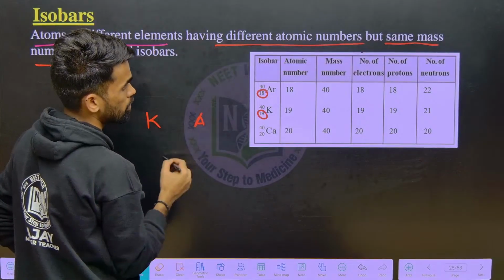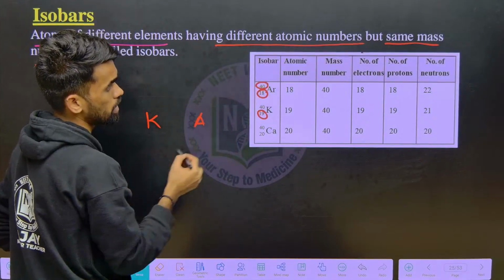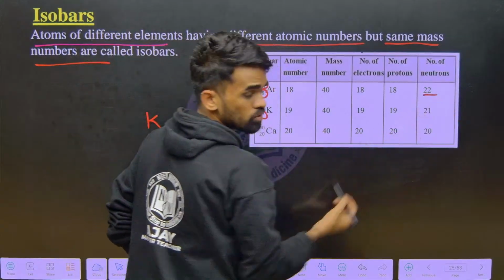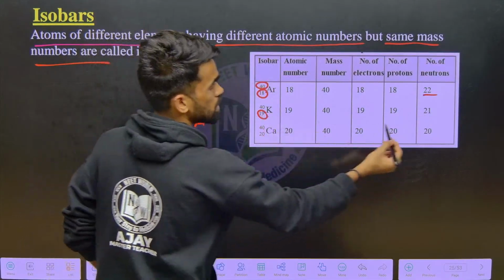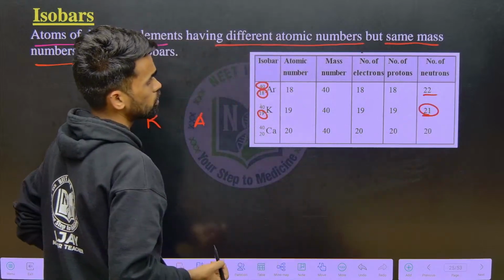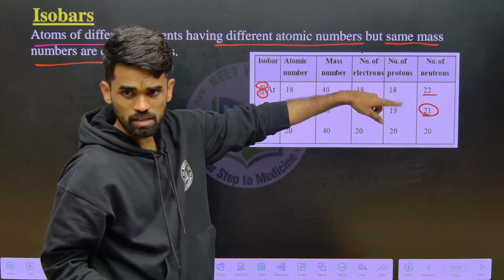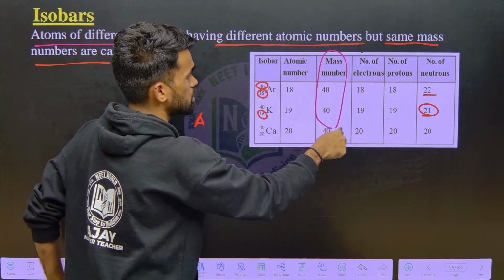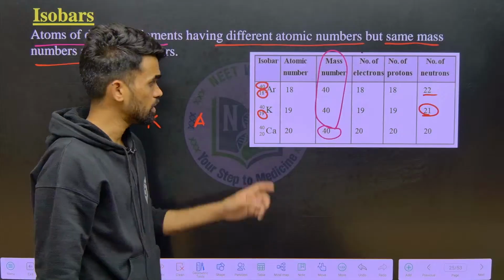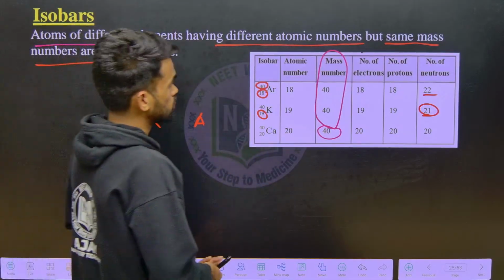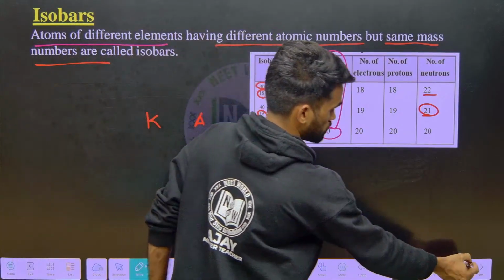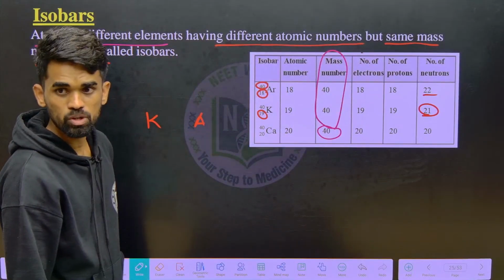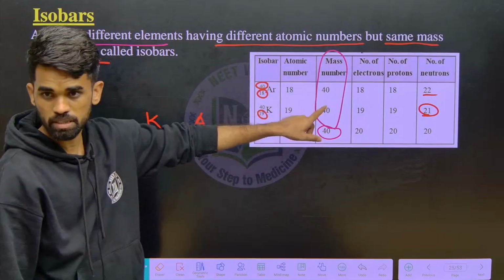The number of neutrons here: 40 minus 18, so neutrons are 22, and here 40 minus 19, 21. They will ask the number of neutrons present in this, but if you look at their mass numbers, everyone has the same mass number. Now what is balancing them? The number of neutrons is balancing that mass number.